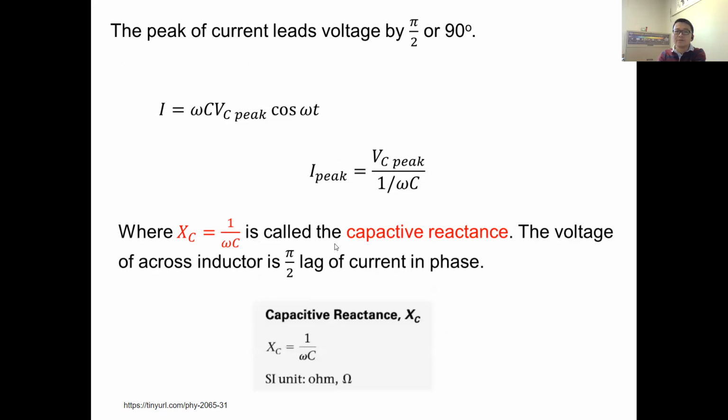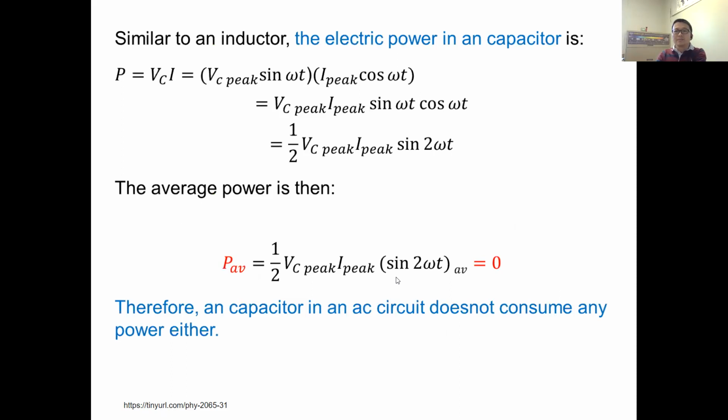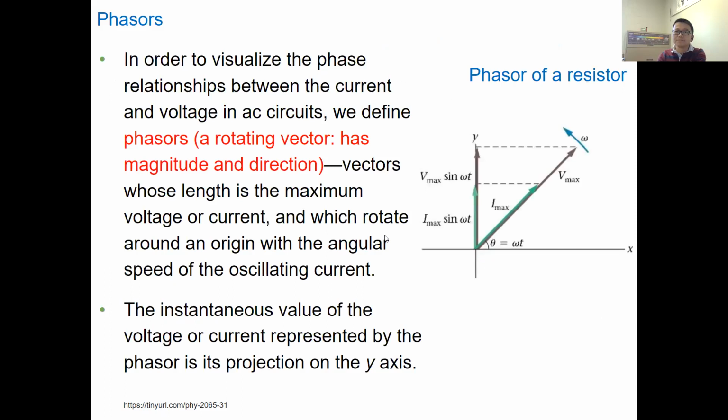The reactance of the capacitor is called capacitive reactance, and is equal to the inverse of omega times C. In the previous case for the inductor it is omega times L; in this case it's 1 over omega times C. The average power on the capacitor is 0, so it doesn't consume any power in the circuit.